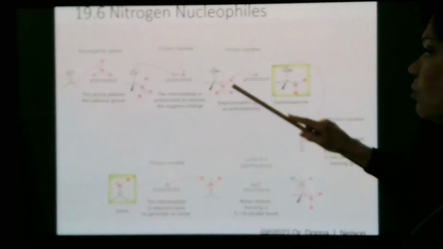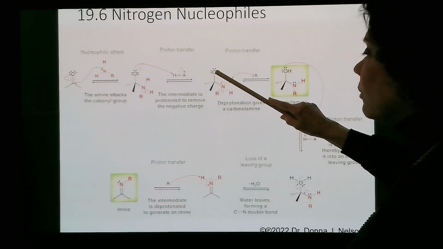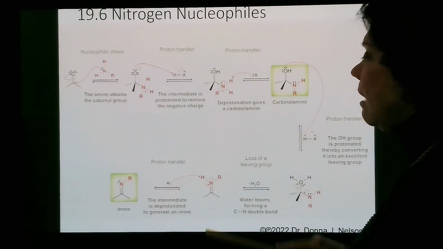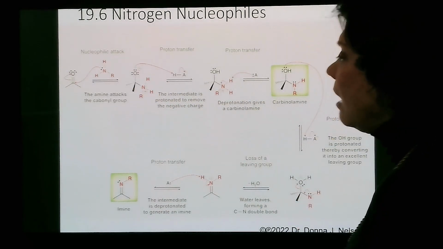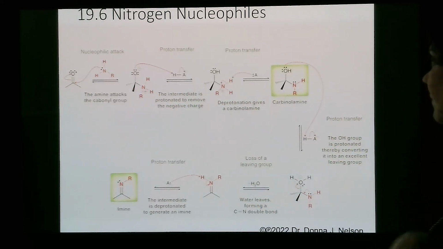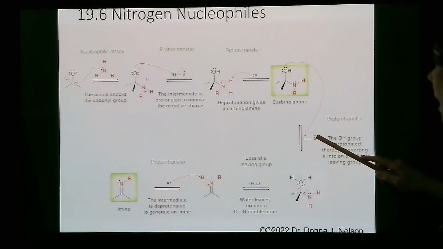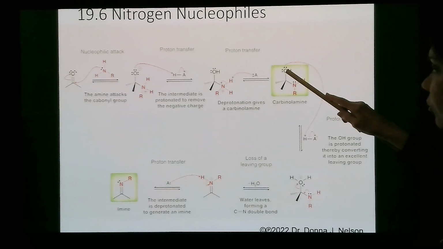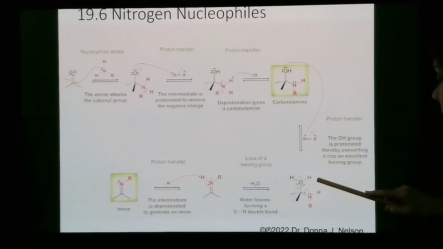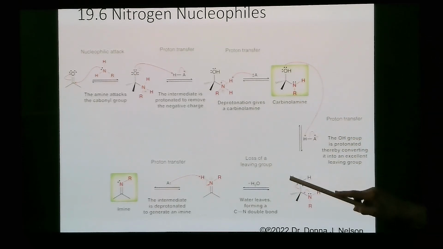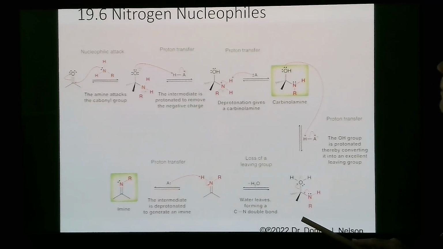And in order to do that, you're going to have to repeatedly protonate oxygen and then break a bond. So now here we're going to protonate oxygen, and that will convert oxygen into a nice neutral leaving group. This will come off as water.